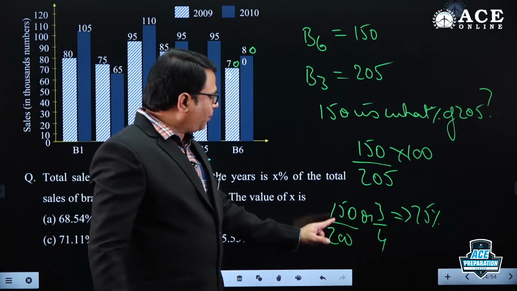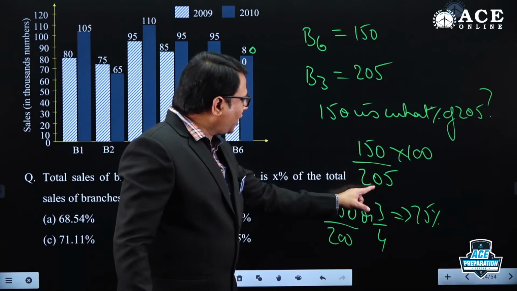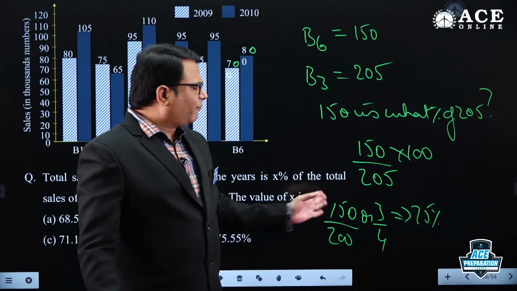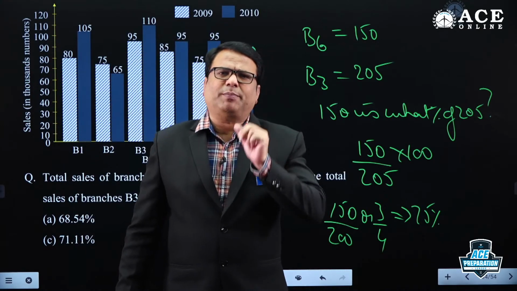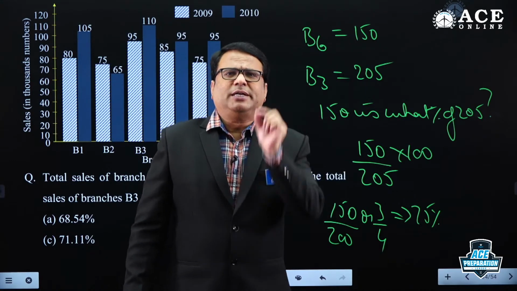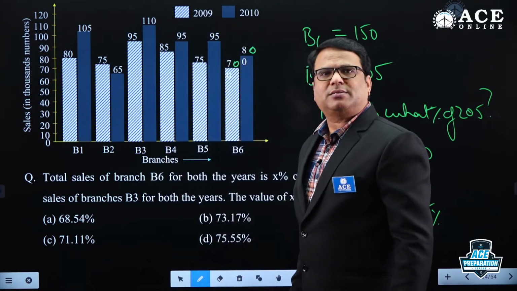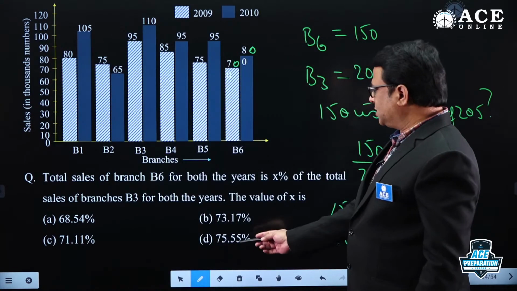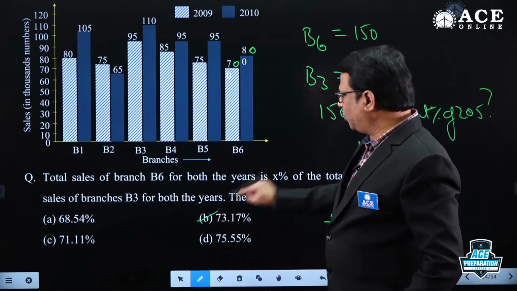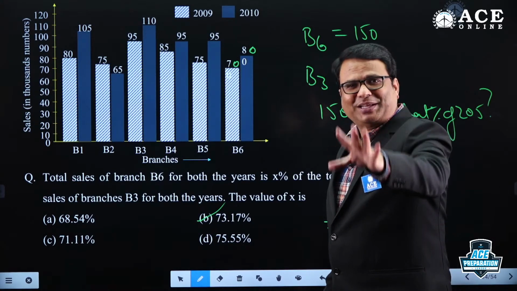Now when 150 by 200 is 75%, 150 by 205 is slightly less than 75%. Now how many options are slightly less than 75% here? This is more than 75%. Slightly less than 75%, there is only one option. Then I can take B as the answer without doing the actual calculations.